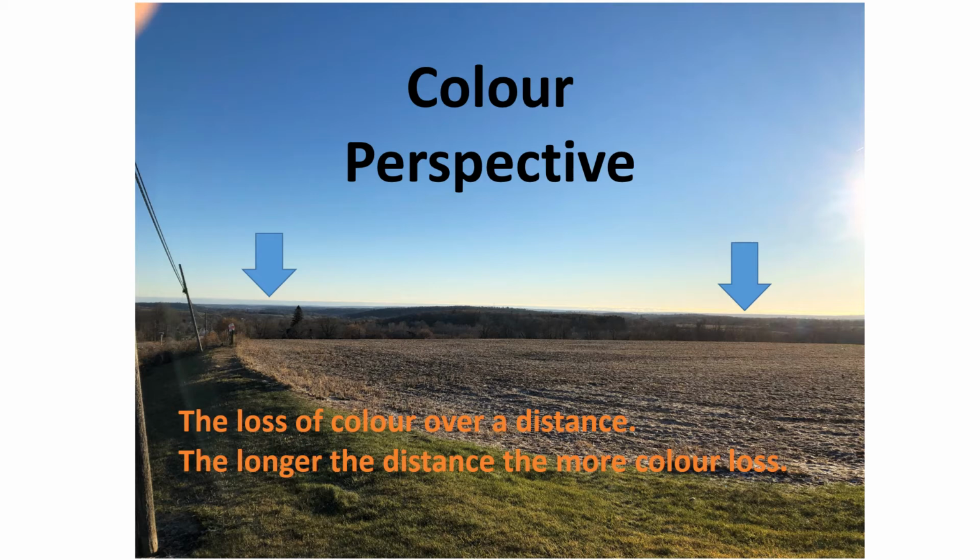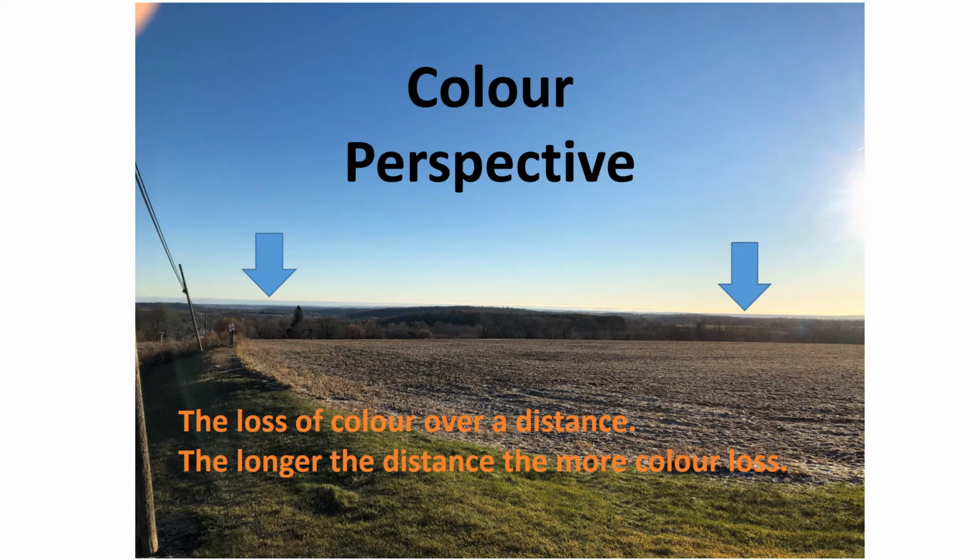gray. And why they're gray is because the light is traveling a long distance through the atmosphere, and a lot of that light that had color in it is getting filtered out. That's a really simplified version of it, but that's essentially what is happening. The light is traveling a long ways through the atmosphere, and the particles of water and other things in the atmosphere are filtering out those colors, and that's why we see it looking gray.